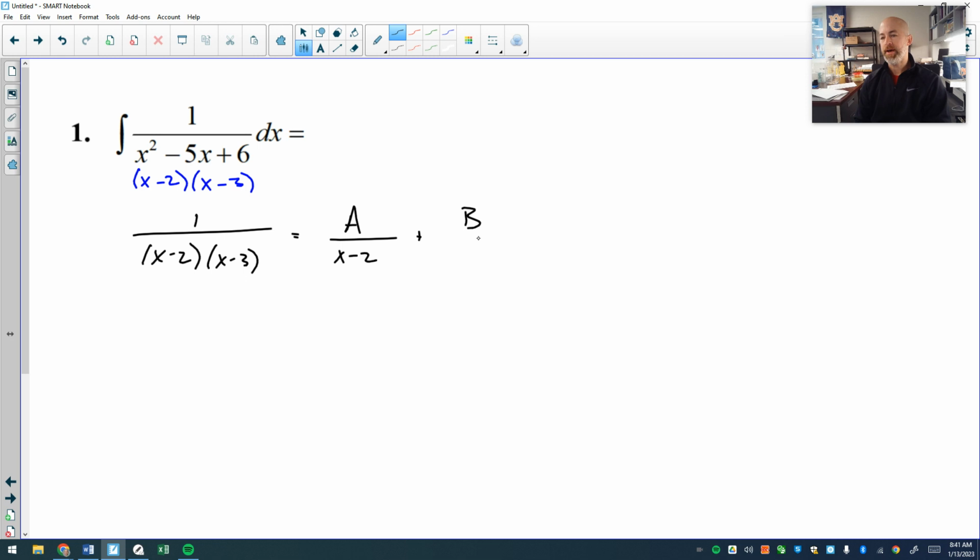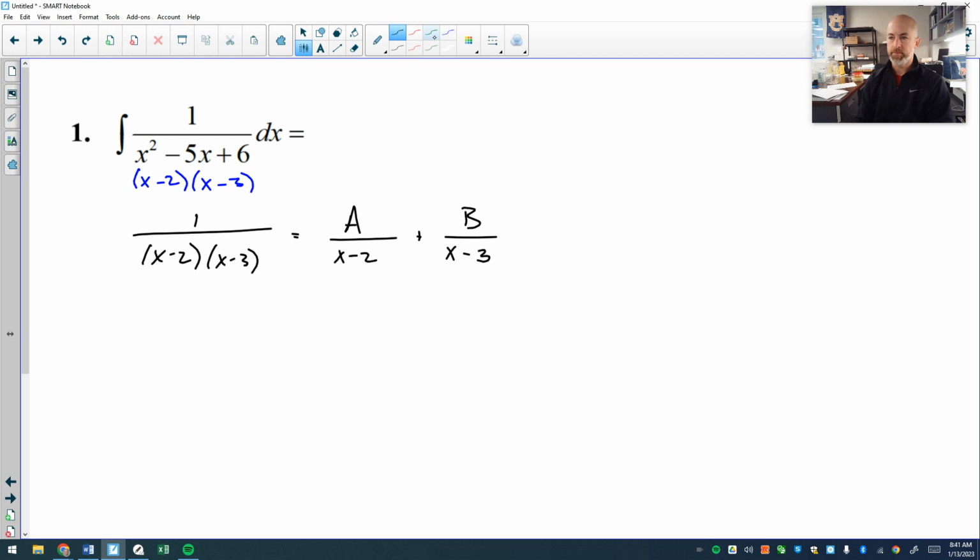When you have linear factors, if I graphed y equals x minus 2 and y equals x minus 3, they are both lines and they do not repeat, which means I don't have something like x minus 3 squared. So when you have linear non-repeating factors, you can use a technique to solve for your A and B called the Heaviside method. Heaviside is actually the name of a person. It is Mr. Heaviside who popularized this approach.